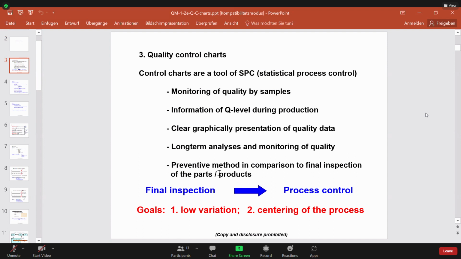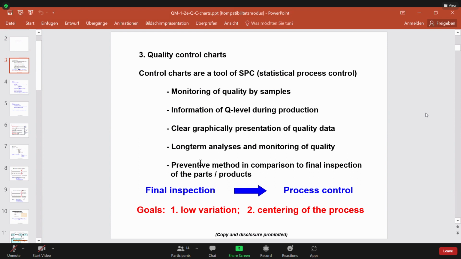And that's why they transferred the test from the final inspection of the parts earlier into the production of the parts. So if something is going wrong in the production process, they see it earlier, and they can react and do corrective actions in the production process.